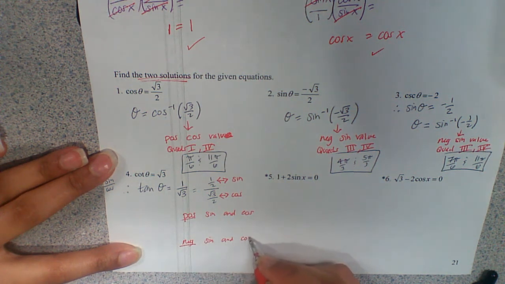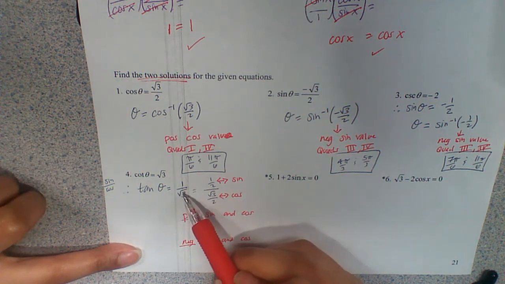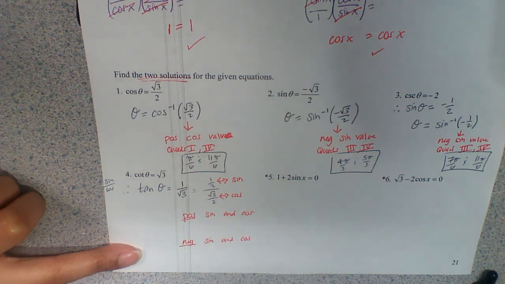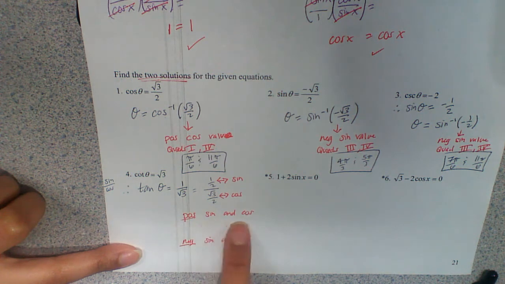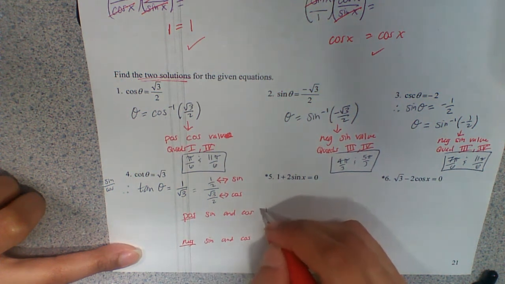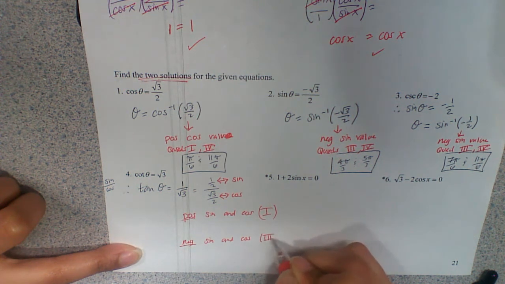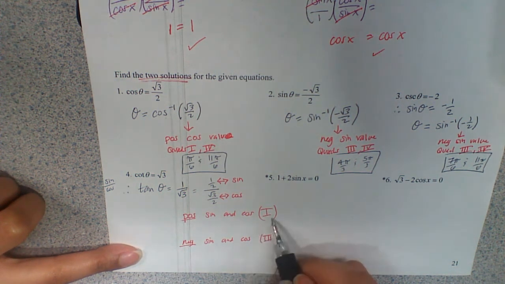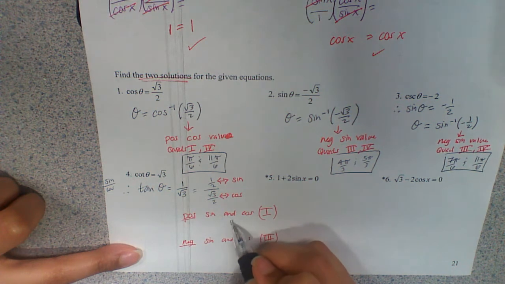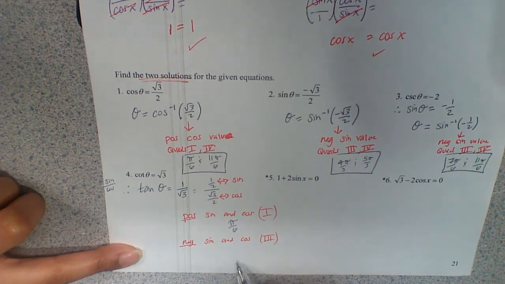Because those are the only two places where you'll end up with a positive tan and a positive cotan. I know that everything is positive in quadrant 1, and everything is negative in quadrant 3. So my answer from quadrant 1 is pi over 6, and from quadrant 3, 7 pi over 6.